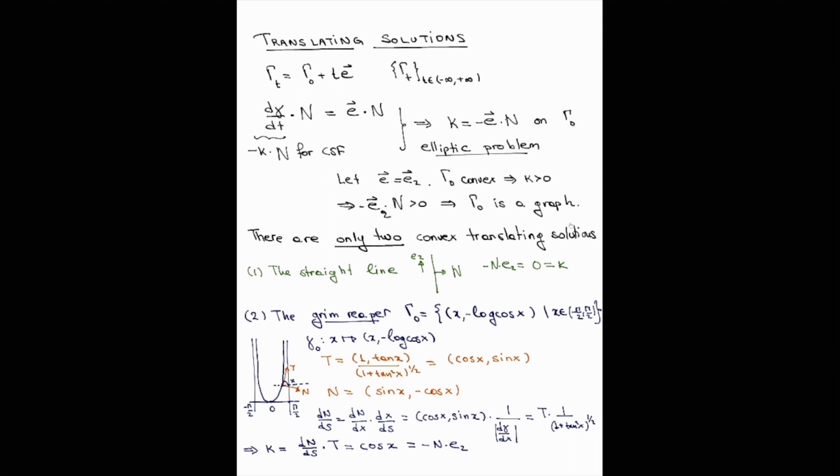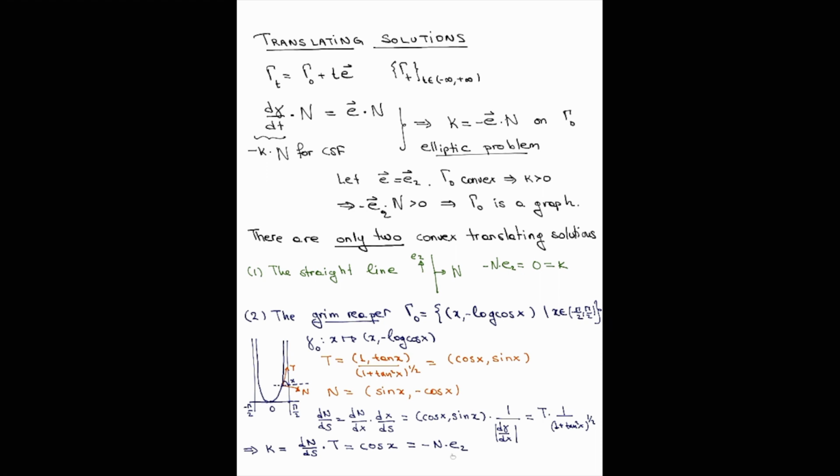And a more interesting example is the Grim Reaper. The Grim Reaper is the graph of the function x goes to minus log cosine x. Again, it's a simple exercise. We can compute the tangent vector, this is (cos x, sin x). The normal vector is (sin x, minus cos x). And we can compute the curvature, and the curvature turns out to be cosine x, which is minus n dot e2.